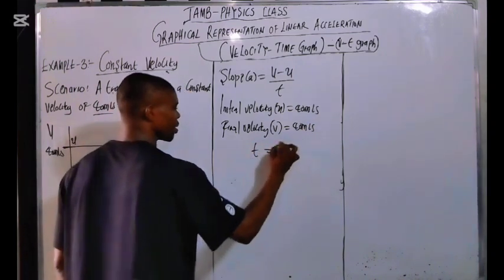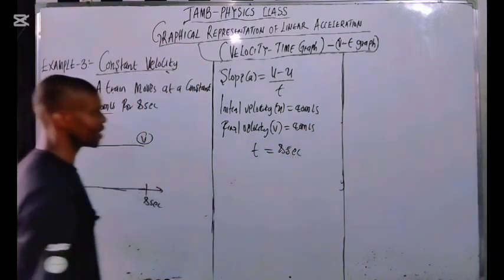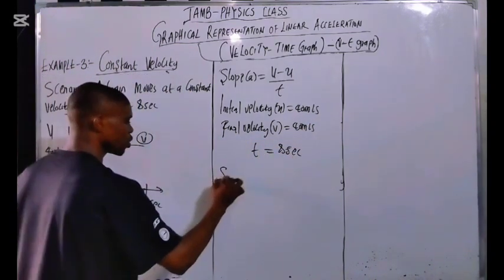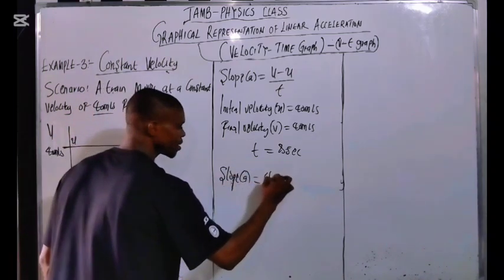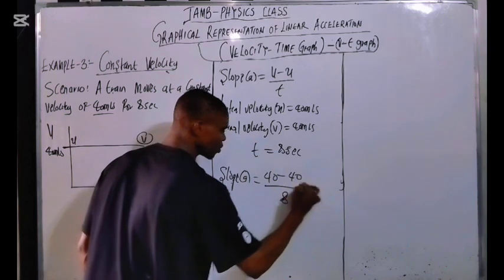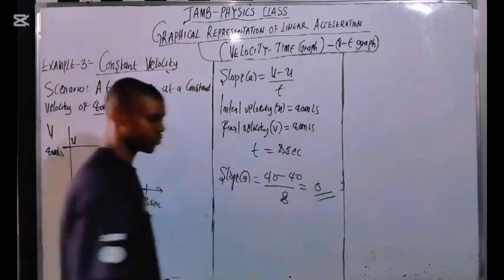So my acceleration, which is the slope, equals 40 minus 40 over 8, which equals 0.